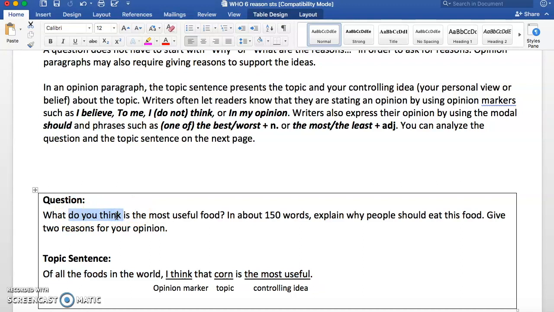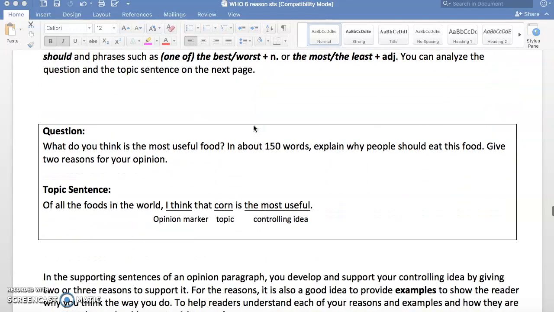You need to use some I language like I believe, to me, I think, or I don't think, or in my opinion. And you can also make use of the modal should, because this is your idea and you think it should be this, or some phrases like the best, the worst, one of the best, one of the worst.